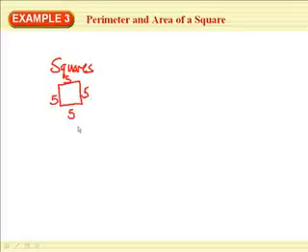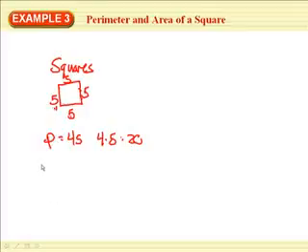To find the perimeter, it's 5 plus 5 plus 5 plus 5. But if you add the same number 4 times, the perimeter is really 4 times S, which is the side length, so that would be 4 times 5, which would be 20. 5, 10, 15, 20. There's 4 sides. So to find the perimeter, you just take 4 times 5.